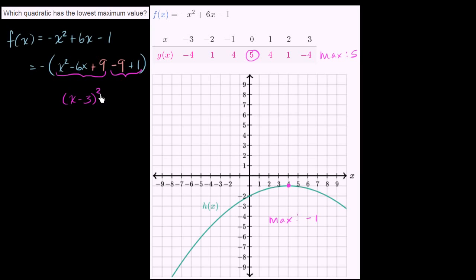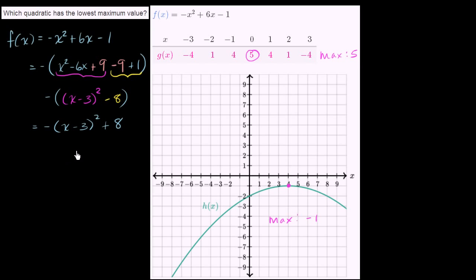So this part right over here is -8, and we still have the negative out front. So if we distribute the negative sign, we can rewrite this as negative x minus 3 squared plus 8.